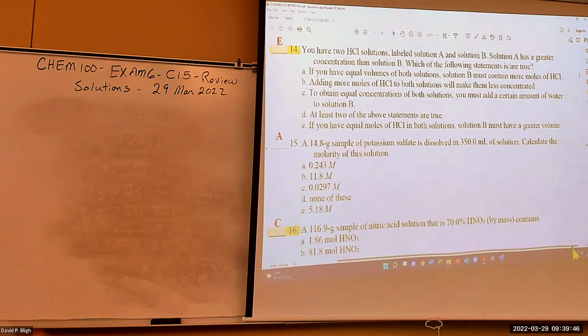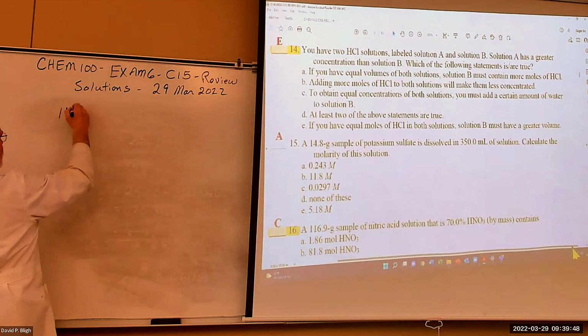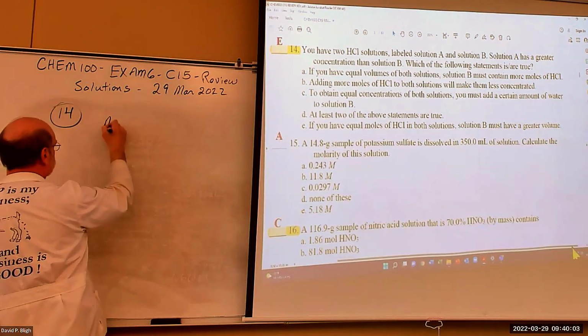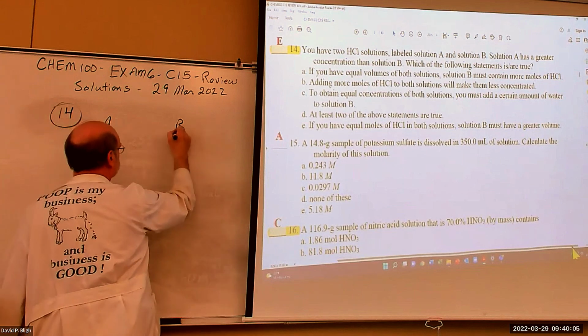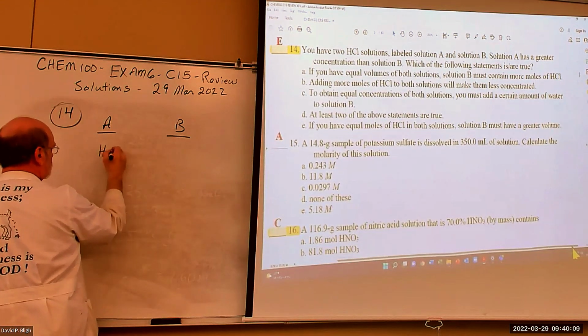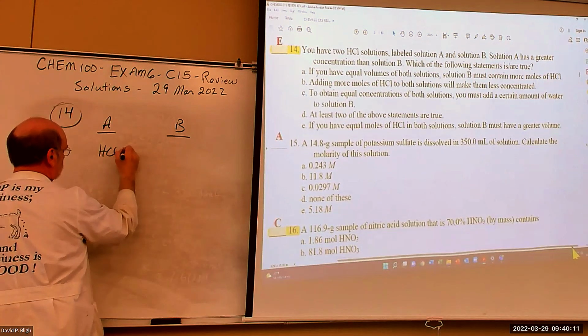There it is, 14. Okay, here's a logic problem. You have 2 hydrochloric acid solutions labeled A and B. Okay, so you got solution A, solution B, and they're both HCl.